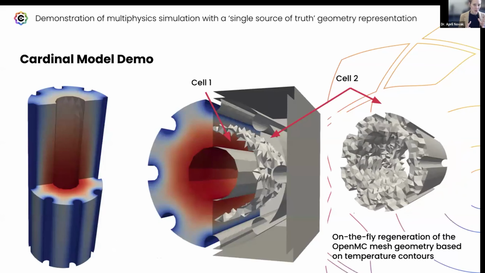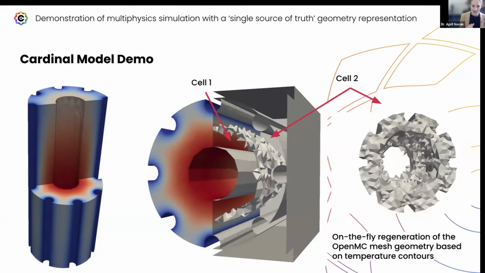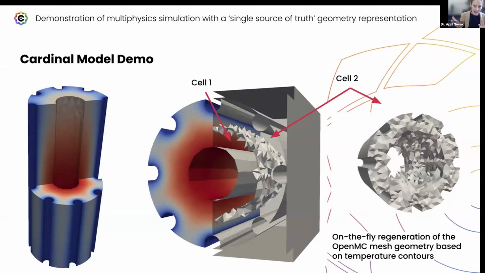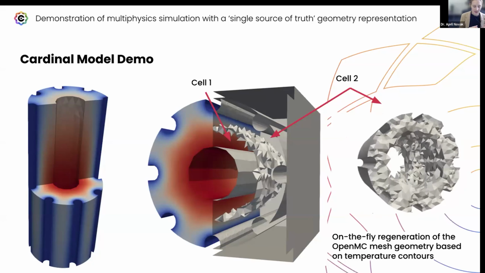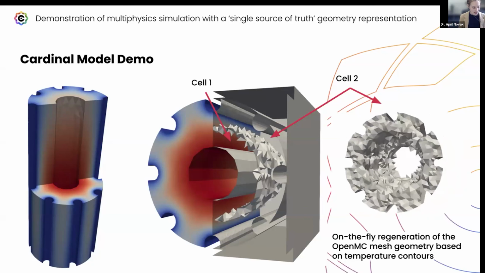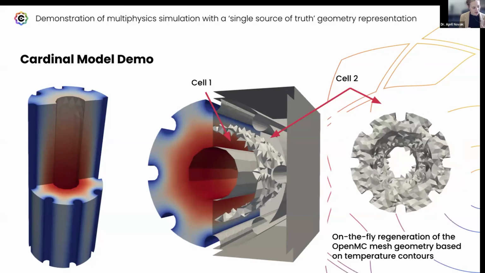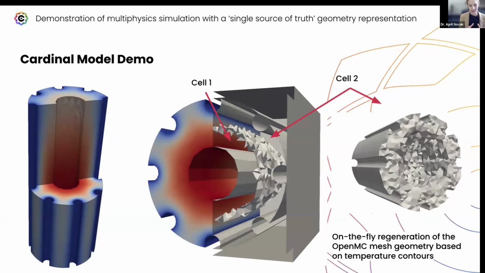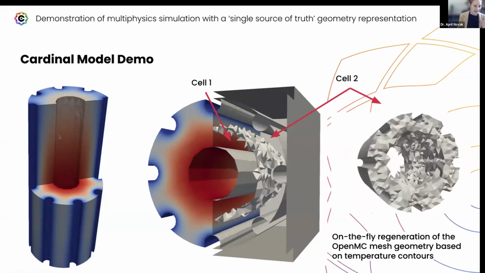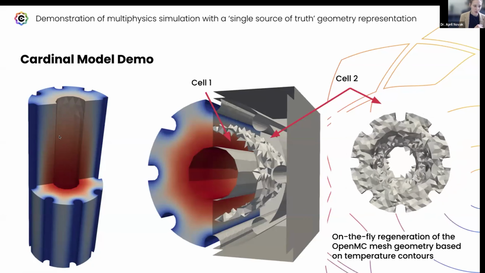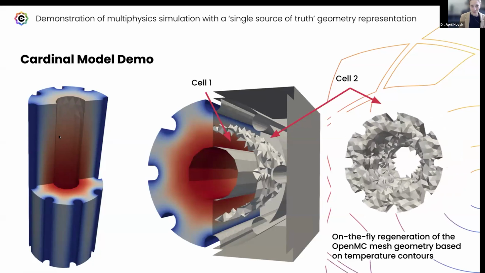One thing that you may be wondering, if you're very familiar with multiphysics with Monte Carlo methods, is how exactly we use changes in temperature to update cross sections. OpenMC, like many other Monte Carlo codes, requires your nuclear data, your cross sections, to be constant over individual cells. So this is an image of the temperature we're going to predict with MOOSE, which is clearly not constant over this geometry.